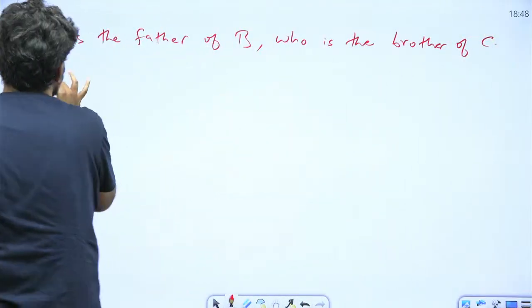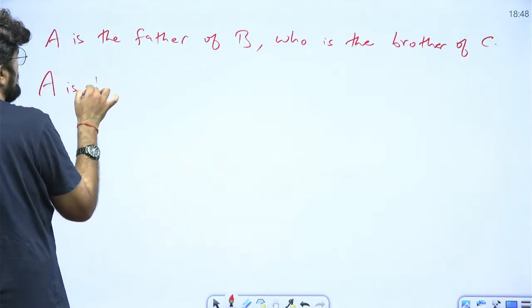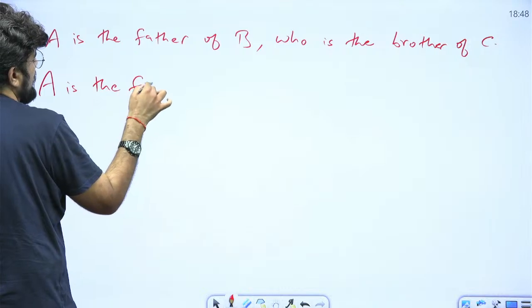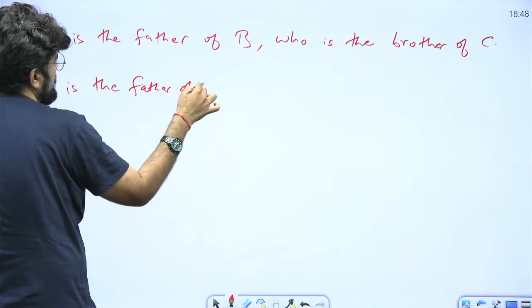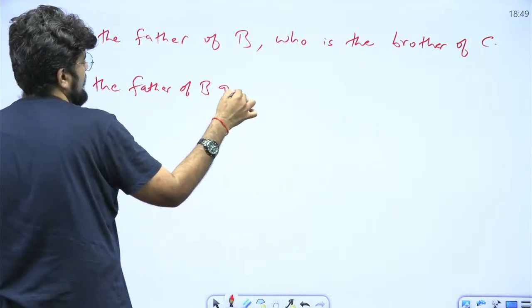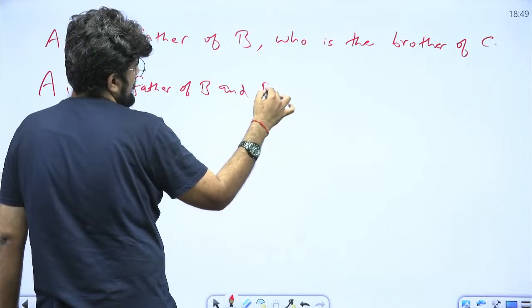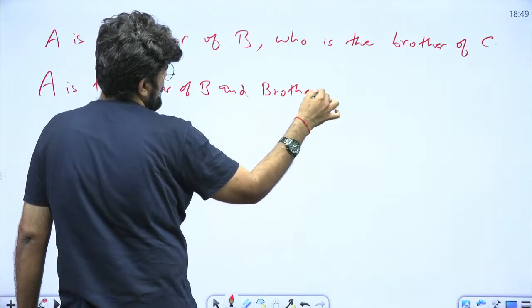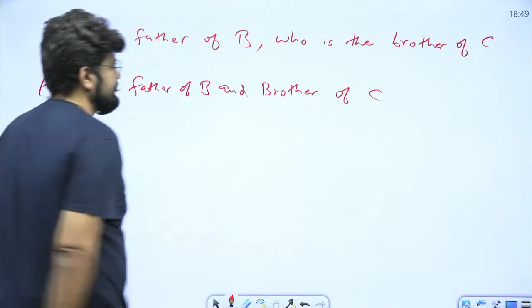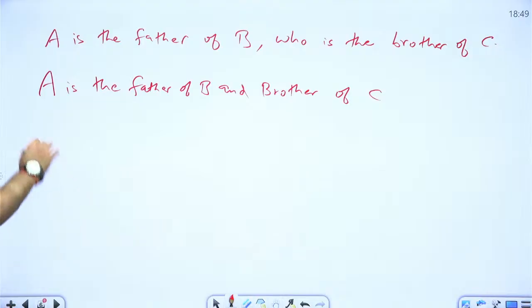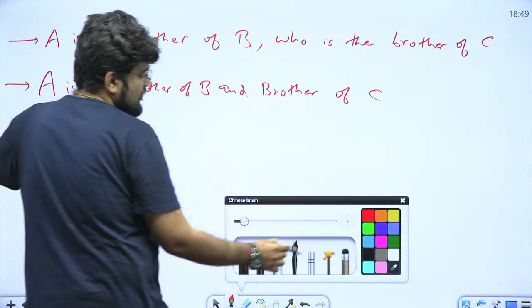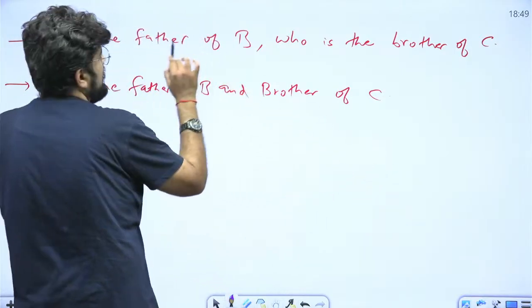Point number two, A is the father of B and brother of C. Now read these two statements. They are both different statements basically, and what makes them different are these words right here.